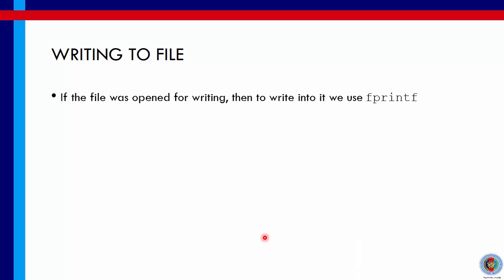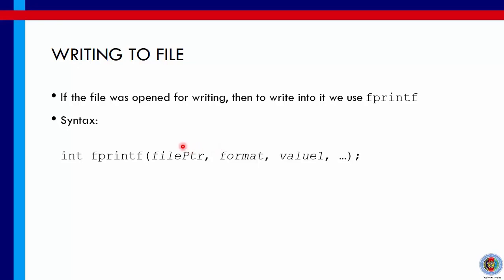Next, we can write to file. If the file was open for writing, then to write to it, we use fprintf. Syntax, fprintf, of course, will be very similar to printf, except two differences. The first one, of course, is that it starts with f, indicating that this is file IO, not normal console IO.